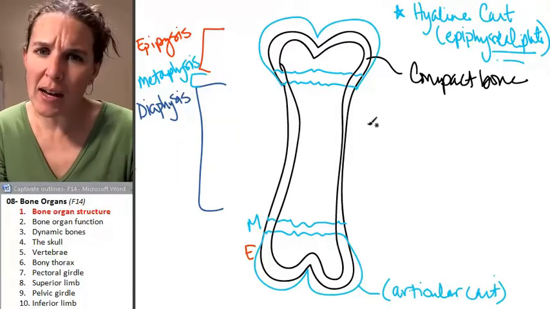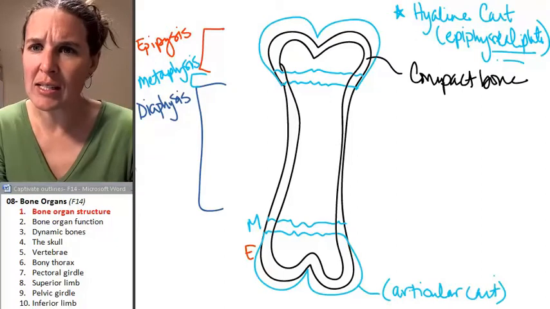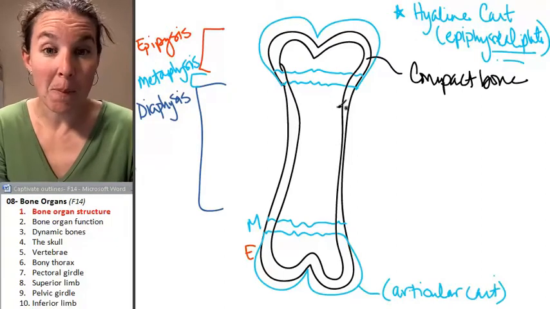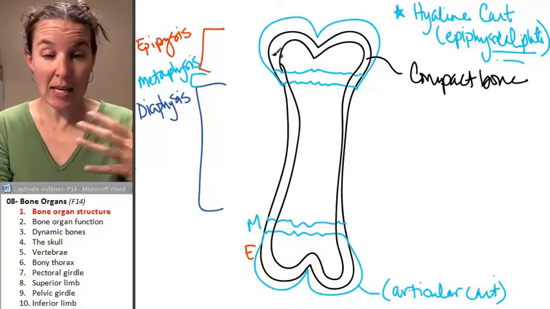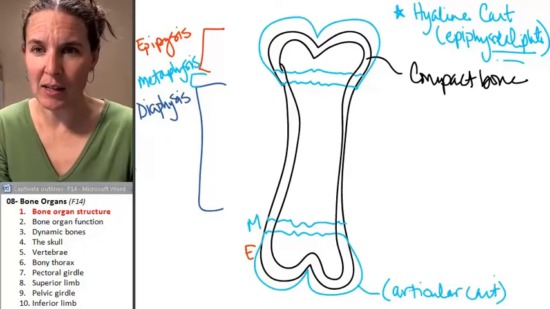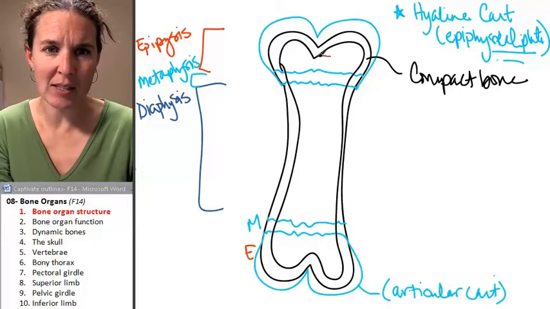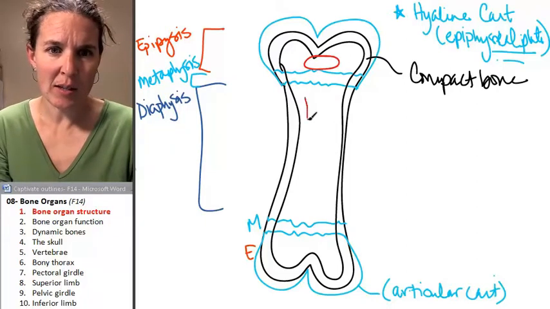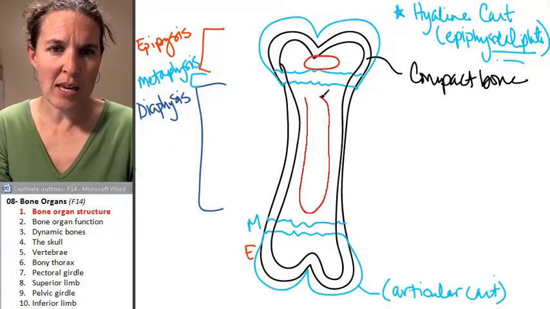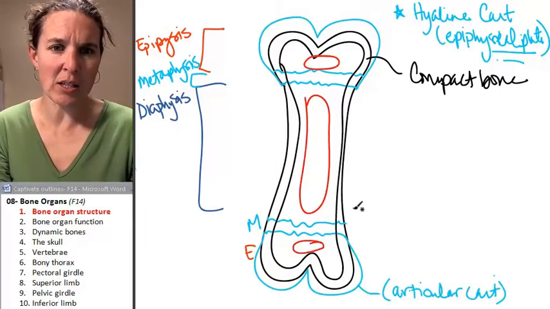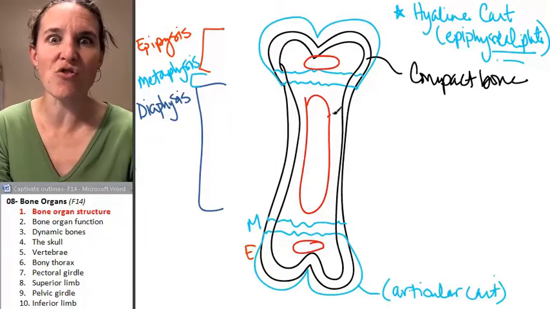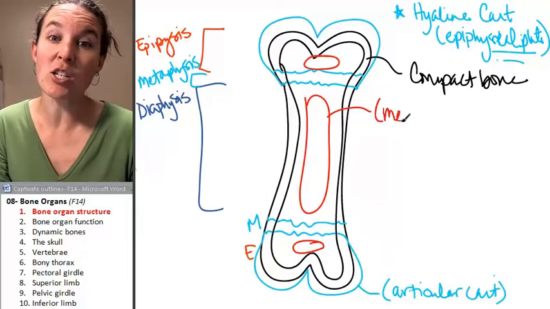And then what kind of bone is found on the inside? Maybe I'll make a little cavity space here. This is called a medullary cavity. So the structure is a medullary cavity.